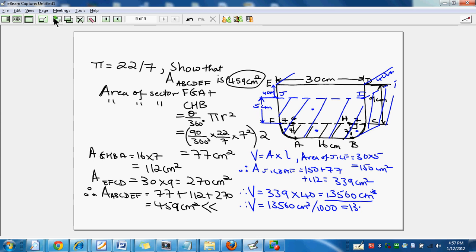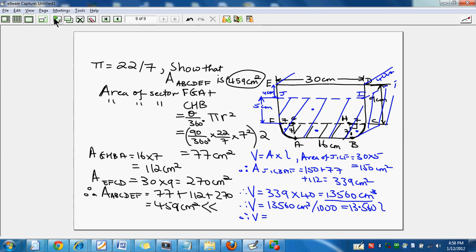And that will give you the answer in liters. So it'll be 13.560 liters. However, have you answered the question? Did they just ask you the answer in liters? No, go back and see what they asked. Calculate to the nearest liter. That's not to the nearest liter yet. So to the nearest liter would be 14. 13.560, you'd have to bring it to the nearest whole number.